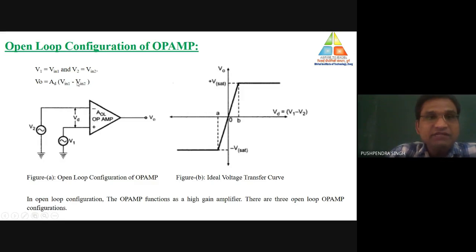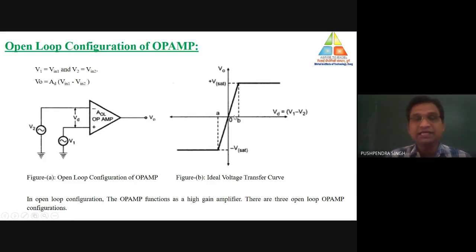Similarly, when the value of Vin2 is greater than Vin1, that is, the inverting terminal voltage is more than the non-inverting terminal voltage, what is the value of output? It's at negative saturation. That means in every condition, whenever the circuit is connected in open loop configuration, you get either positive saturation voltage or negative saturation voltage.